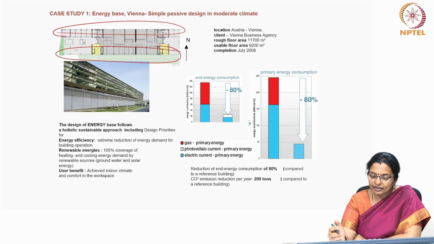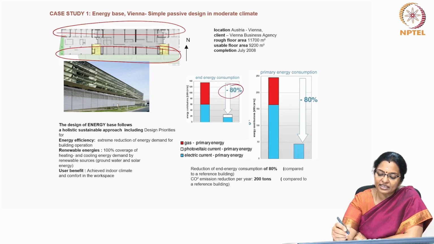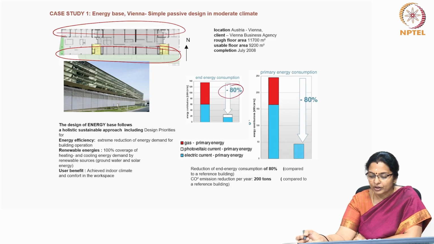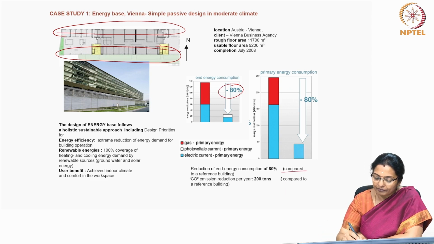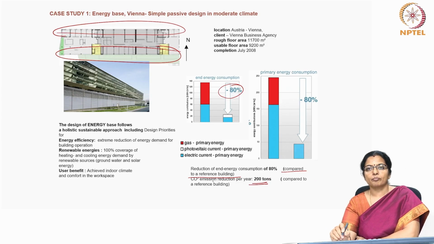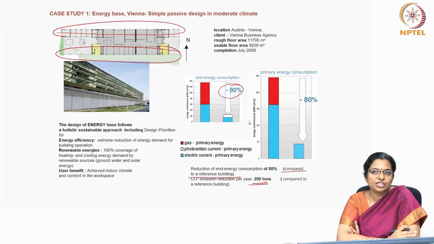There is an 80% reduction in the use of primary energy as compared to the reference building. The carbon dioxide emission reduction is 200 tons per year as compared to a reference building. In this building, extreme reduction of energy demand for building operation has been demonstrated.